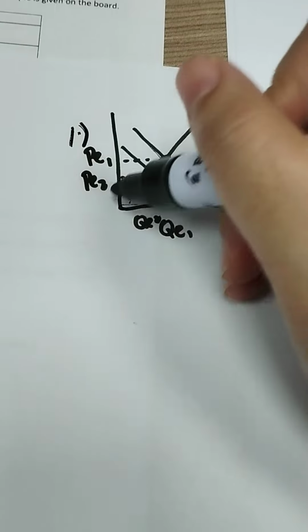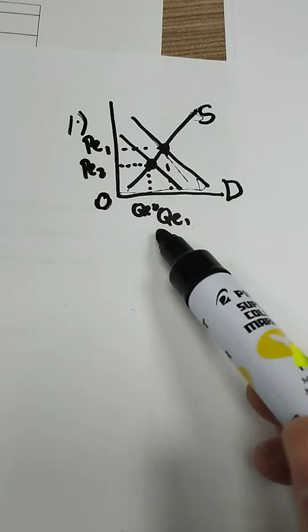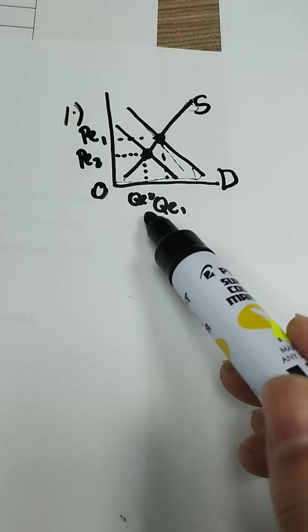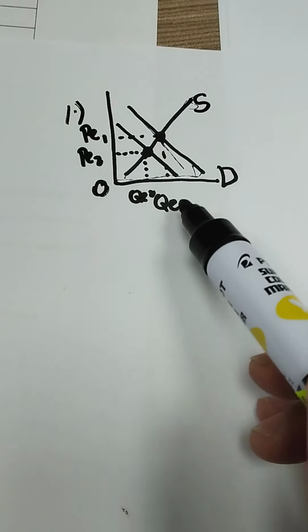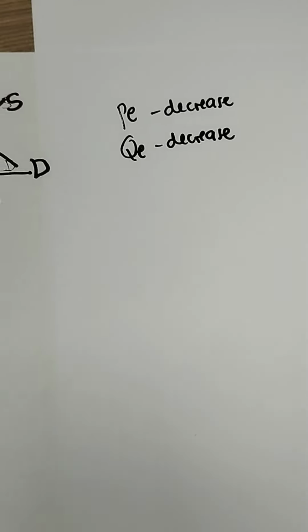Now, what about the equilibrium quantity? Notice that this is 0, and always remember that this is 0. And QE1 is greater because it's on the right side, greater than QE2. So definitely, when there was a decrease in the entire demand, there was a decrease in the equilibrium quantity. So your answer for number 1 is decrease, decrease.